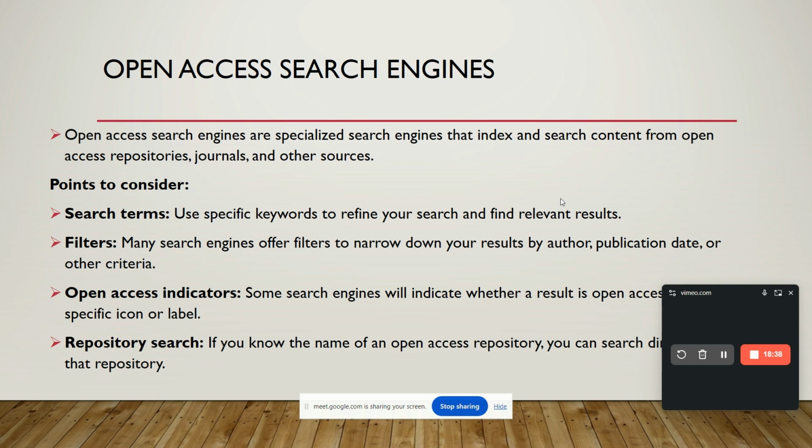Some of these search engines will indicate whether a result is open access or not, or point out if there is a closed paper and an open paper. Sometimes it will indicate that there is a free version of this particular paper, and then you can always access it.